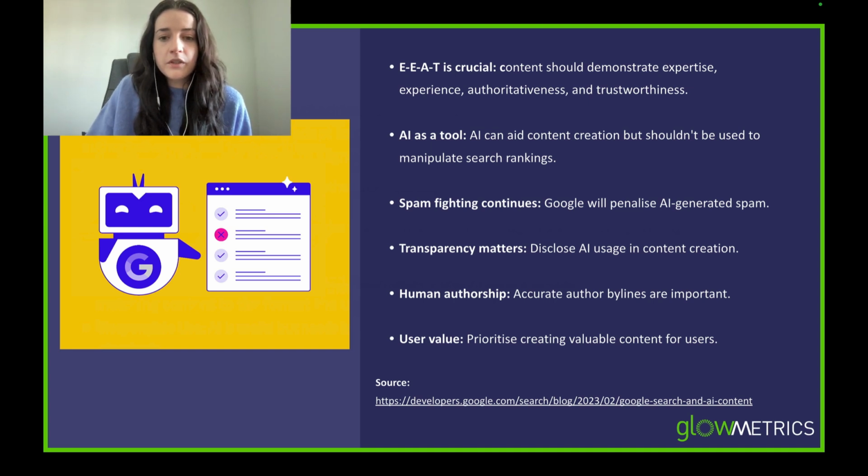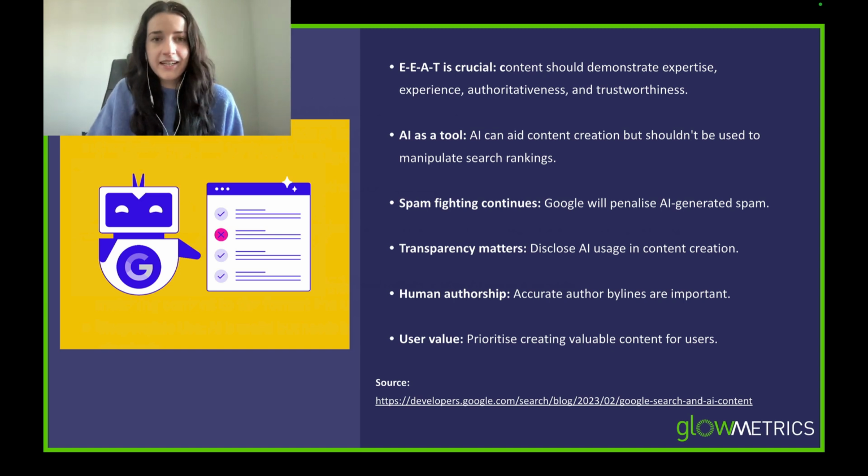Transparency matters, so disclose AI usage in content creation. Google isn't saying that if you use any type of AI generated content on your site, you're done for. It's more about acknowledging that you've used it. Maybe there's a paragraph or images you've used AI to create, and it's just a simple note saying this is generated by AI.